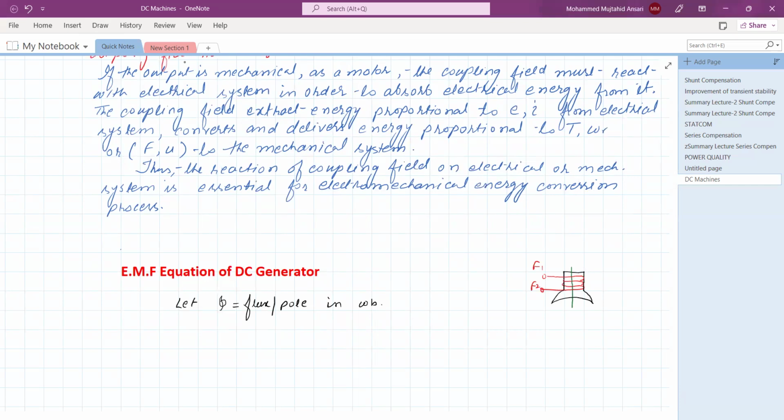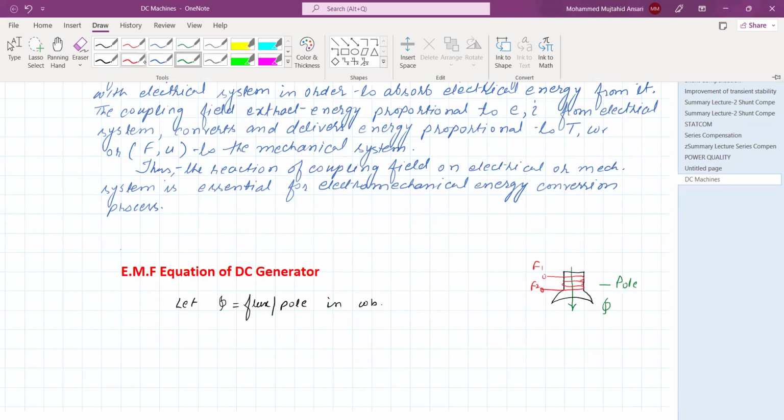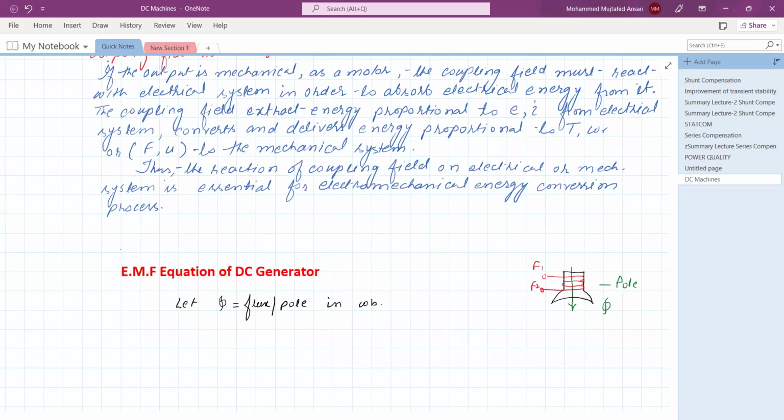So this flux phi is produced by one pole. Let phi be the flux produced by one pole, in Weber.